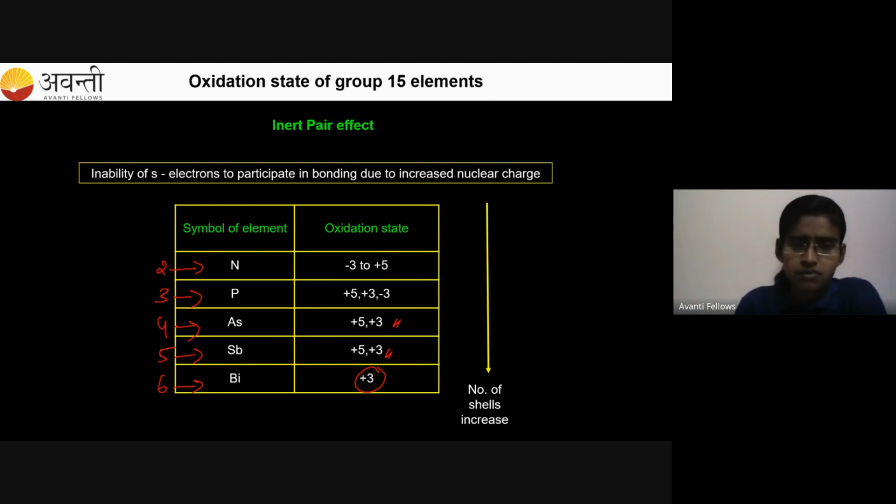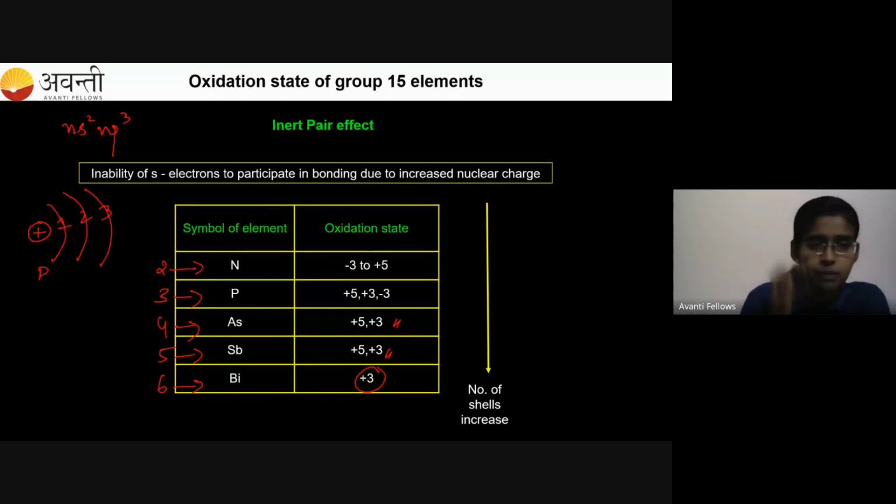So let me draw the atom of nitrogen. This is the nucleus of nitrogen. This is the first shell of nitrogen. This is the second shell of nitrogen. If this is phosphorus, a third shell will be there. Okay. And also, we know that the general electronic configuration of group 15 is ns2 np3.